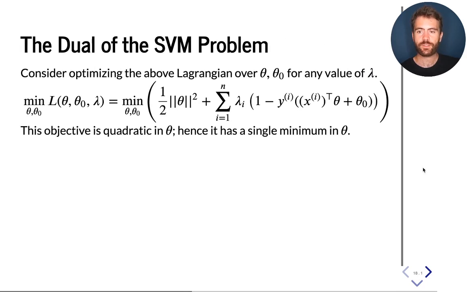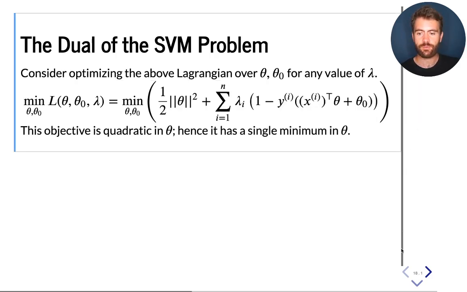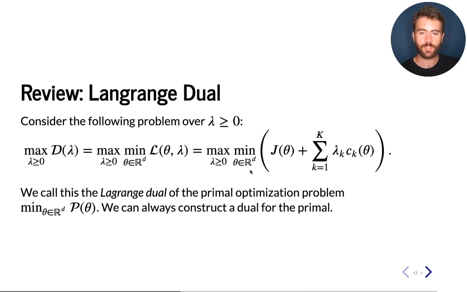So let's now apply this and construct a dual for the Lagrangian of the SVM problem that we had earlier. Recall that the Lagrangian has this form, and we want to be maximizing the minimum over theta of this Lagrangian.